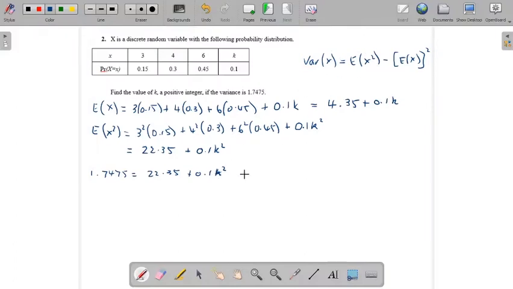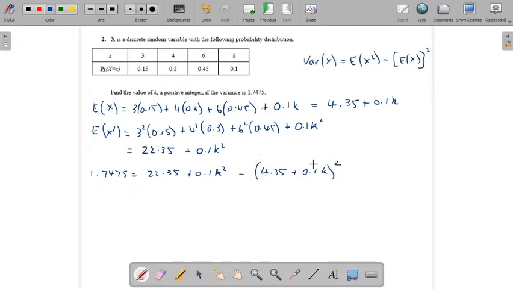Okay, that's for E of X squared, minus, and then our expression for the expected value is 4.35 plus 0.1k, and square that. Now we can see that when we expand this, we're going to have an equation which is a quadratic.